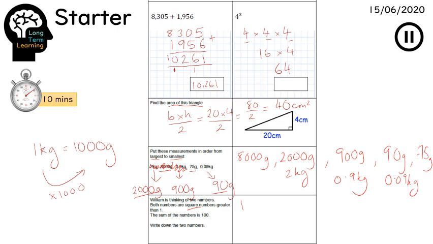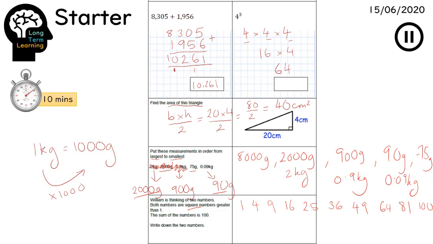1 squared is 1, 2 squared is 4, 3 squared is 9, and so on. So 16, 25, 36, 49, 64. Okay, so can I choose two of those there that add up to 100?